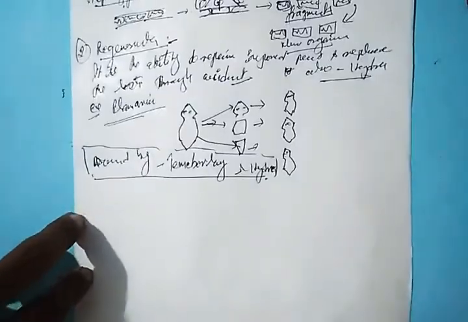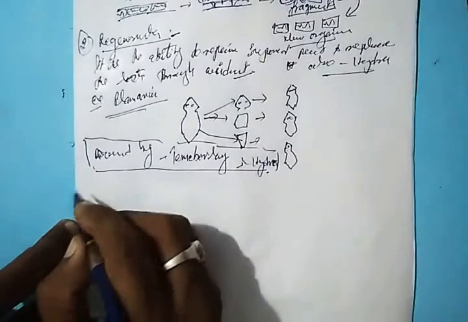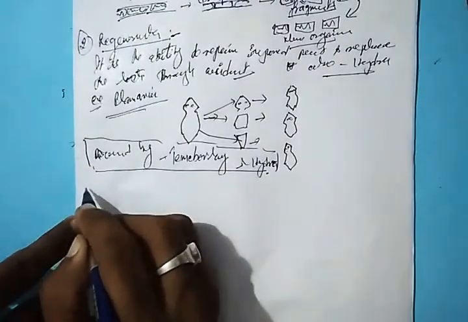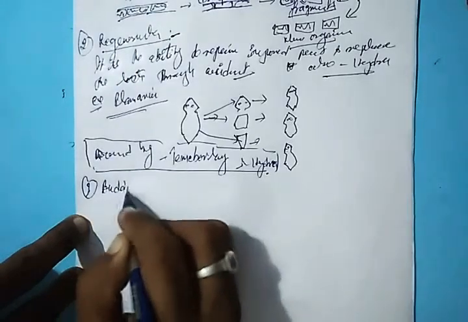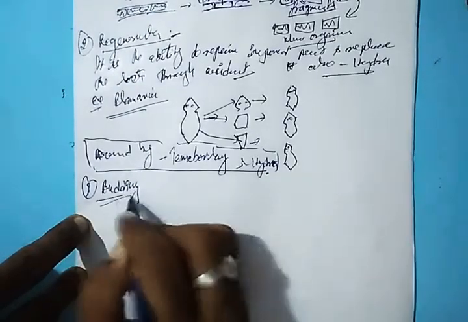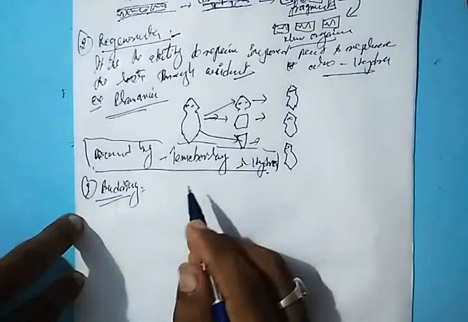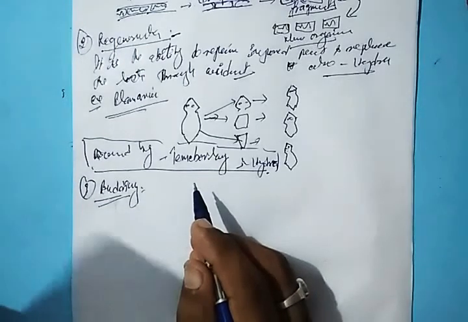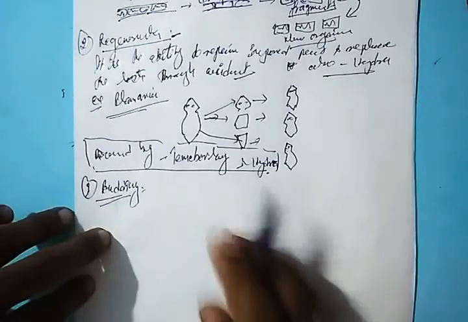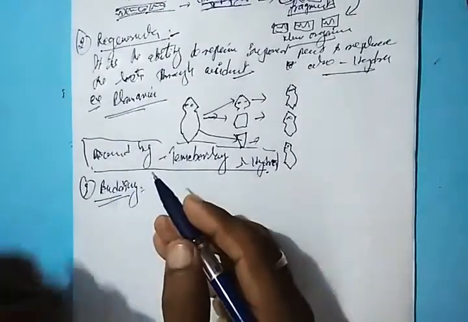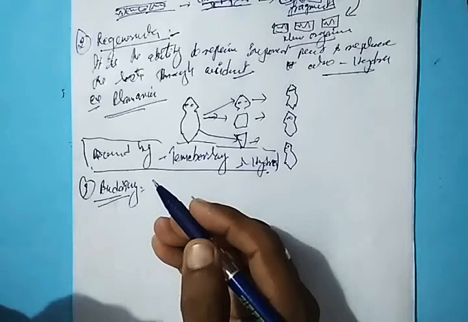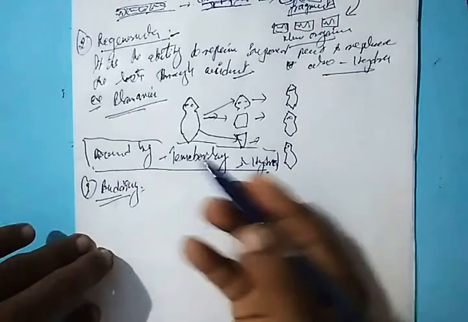Okay, next type of asexual reproduction is budding. It is similar to what you can see in unicellular organisms. It is the process in which an outgrowth arises on the body of a multicellular organism.